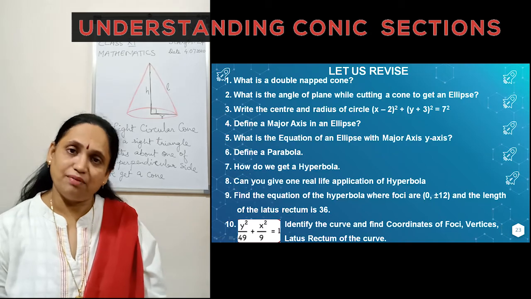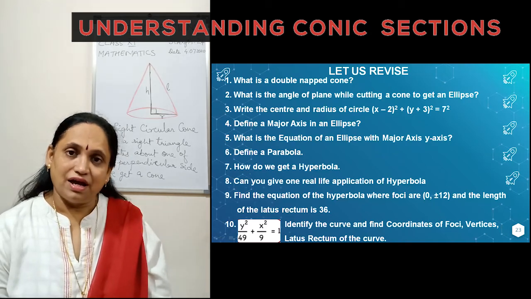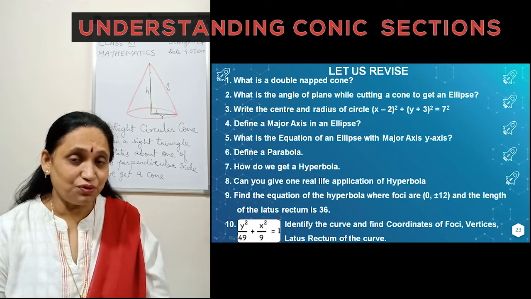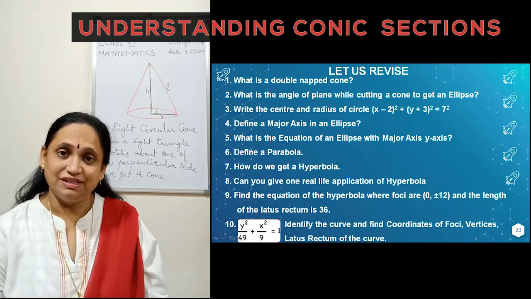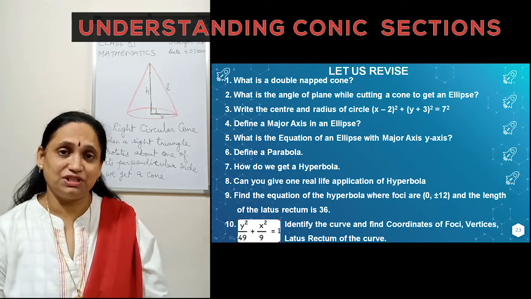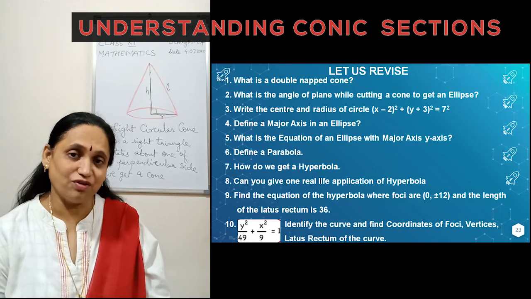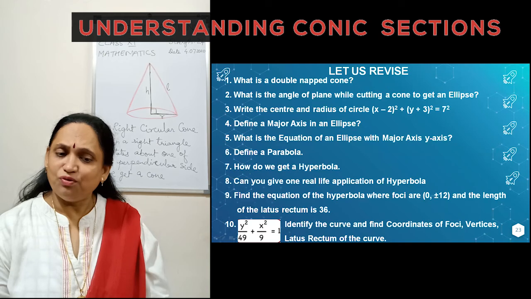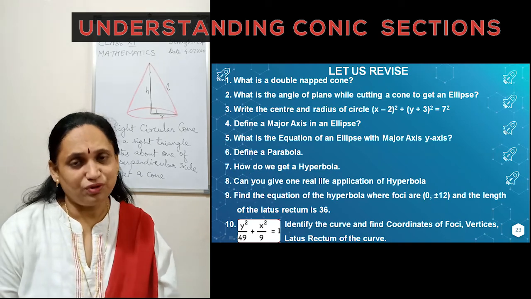How do we get a hyperbola? The figure that we got, which is symmetric and disjoint and an open curve, and it is the locus of all those points, the difference of whose distances from two fixed points is a constant, is called a hyperbola. Now, can you give one real life application of hyperbola?